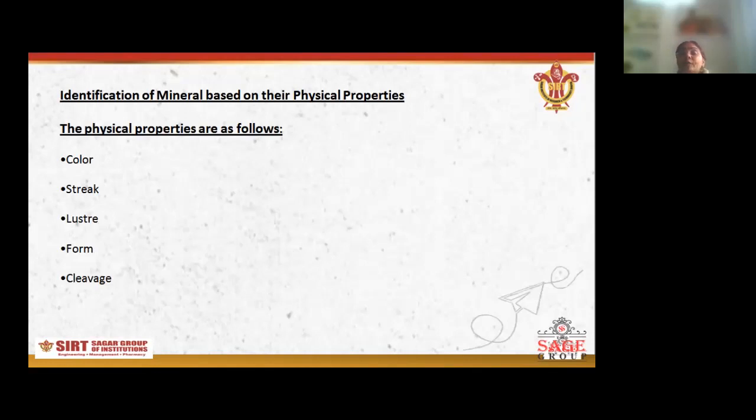So on the basis of physical properties, you have to be able to examine the mineral and identify it. A geologist or a civil engineer should be able to identify the mineral in the field. Okay, so let us discuss some physical properties.